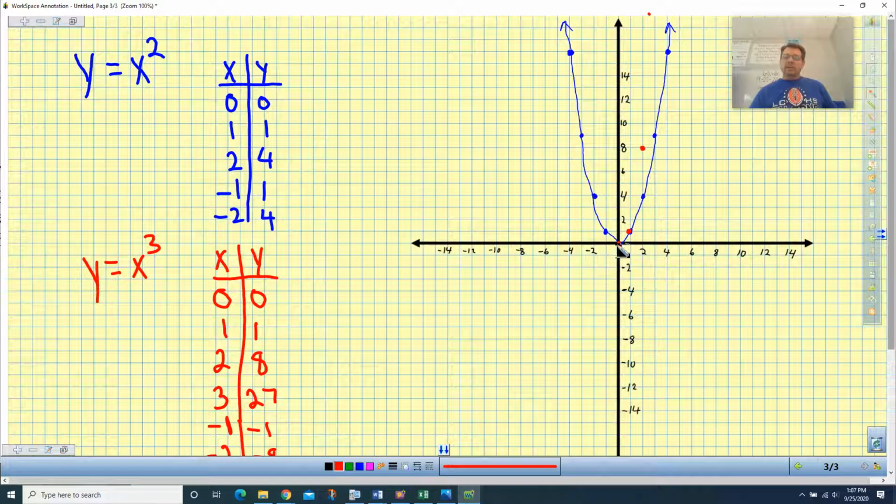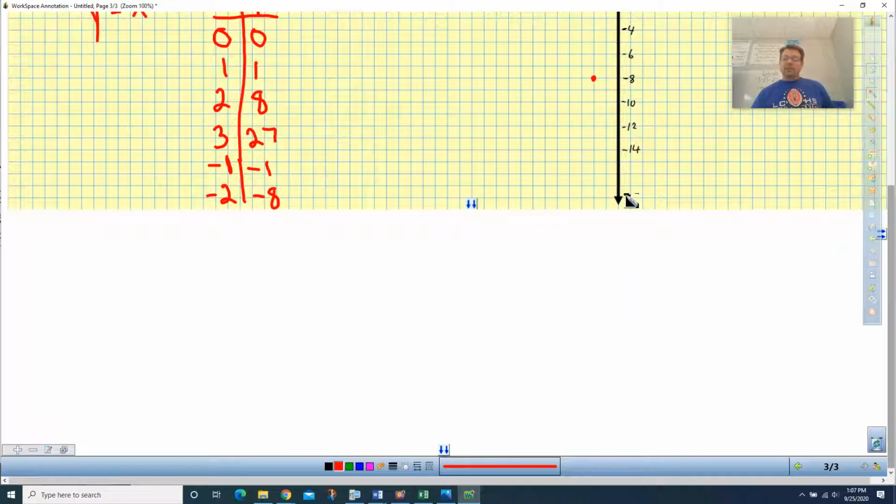So here we go. We got -1, -1. -2 cubed is going to give me -8. And then -3 again is going to give me -27. Way down there somewhere, right? So it gives you that right there.